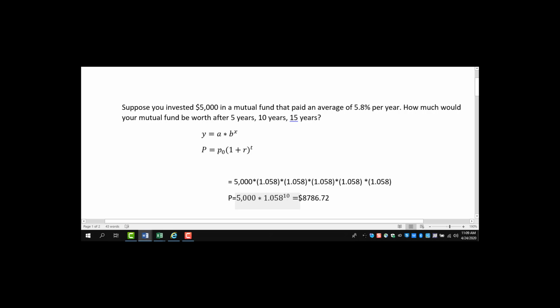And finally, I'll change it to 15 years by just changing this to 15, and I'm going to get that much money. So I more than doubled my initial investment after 15 years.